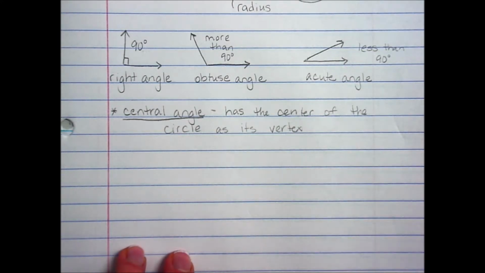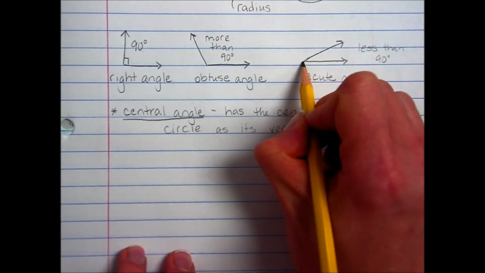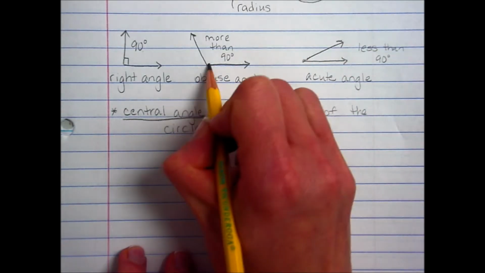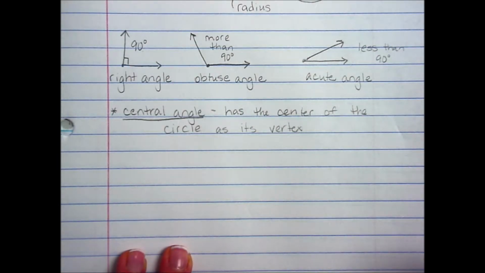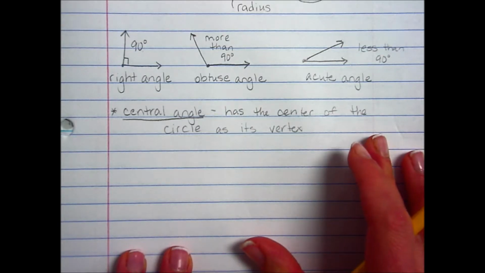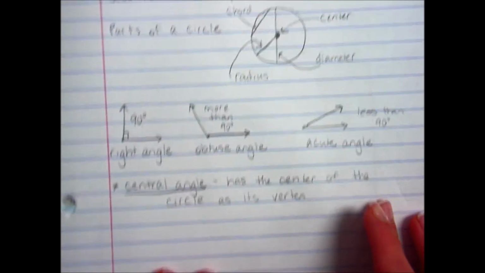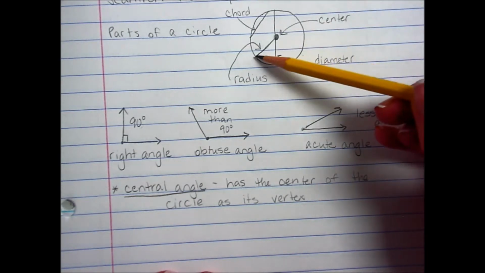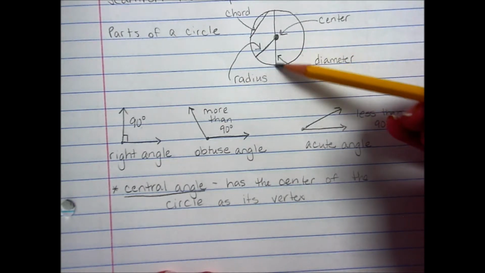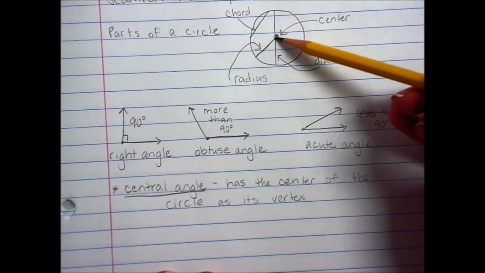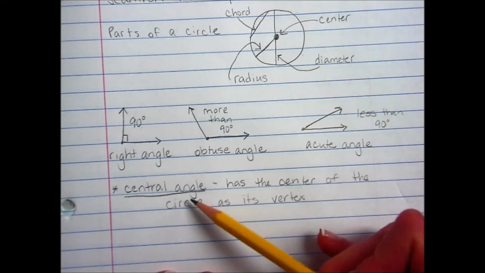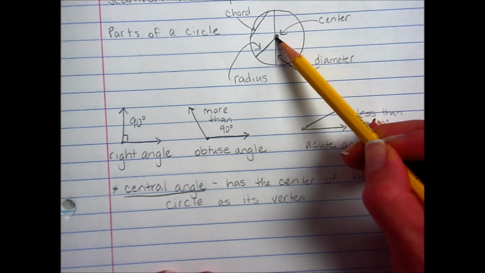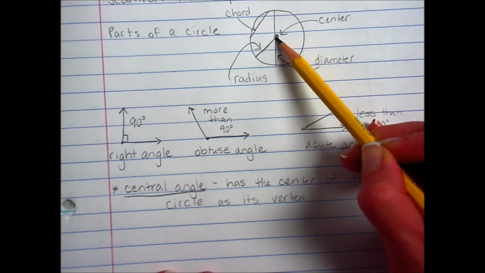A vertex is the point where the two line segments come together for your angles. So all these little dots I just drew, the plural would be vertices. If you look back at your drawing, when you look at this angle, the vertex is here at the center. So this is a cute little angle, but it also is a central angle because the vertex is at the center.